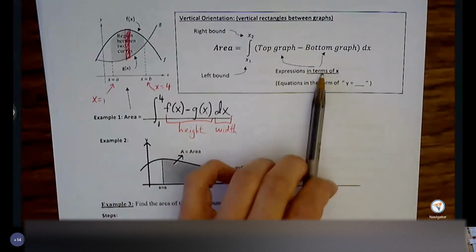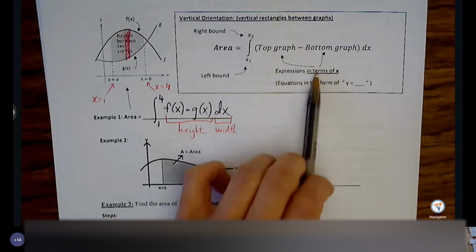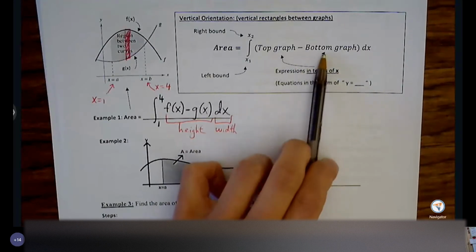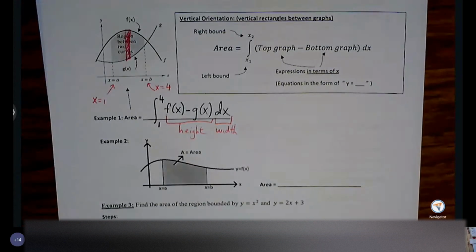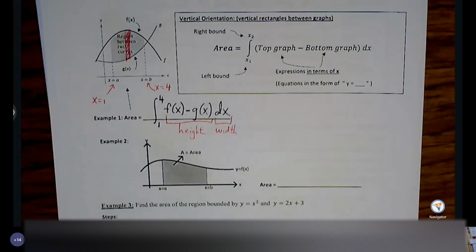Sometimes I say in terms of x, as a general statement, but then at the same time, not every expression has an x in it. Like it could be a constant, but that constant is always going to take on the form of y equals. So if you see y equals, you know that expression is ready for your top minus bottom orientation. Okay.